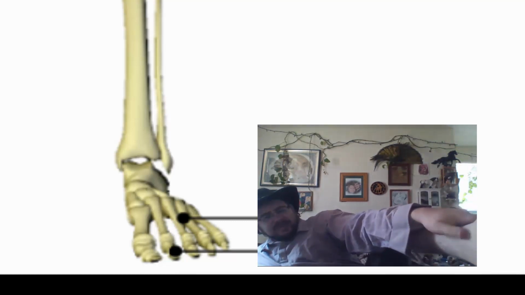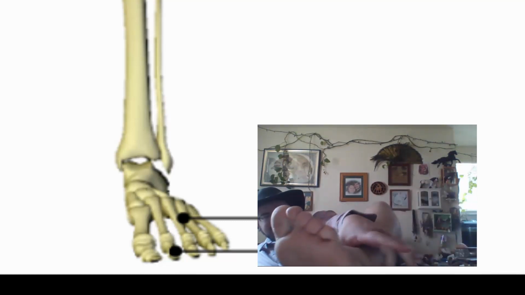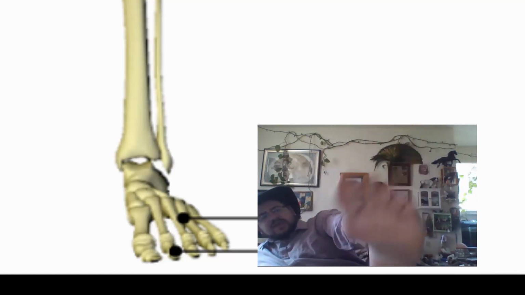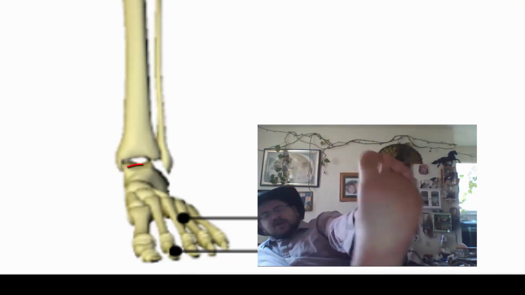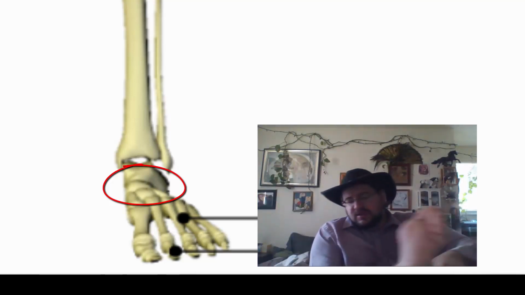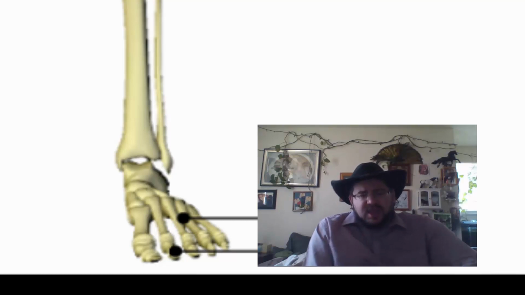Wrong side though. Tibia and fibula. Pretty cool. And then what allows all that movement in your foot are the tarsals. So your heel is a tarsal.